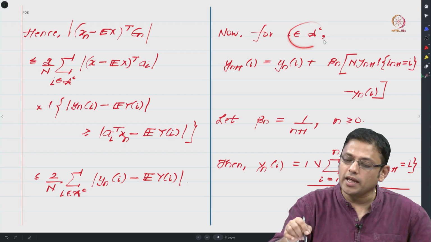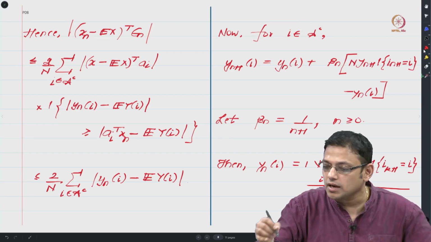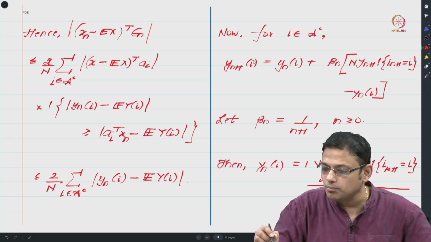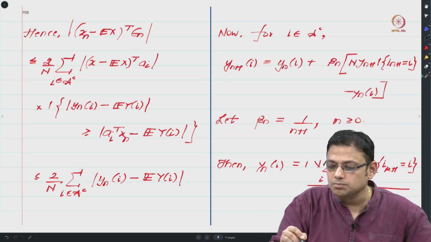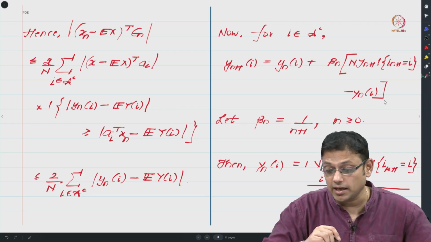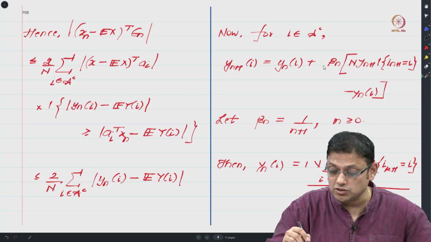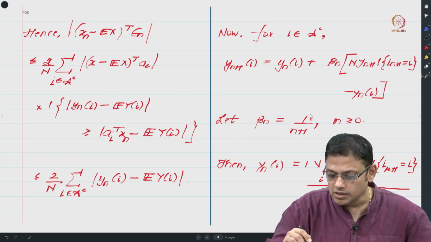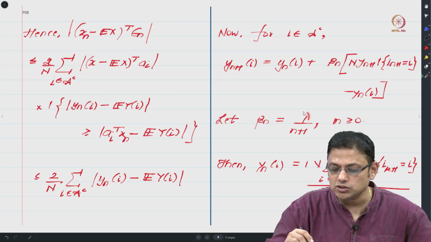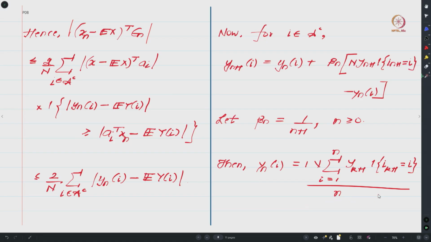And hence for any i in A complement, recall that y_{n+1}(i) has the following update rule: y_{n+1}(i) equals y_n(i) plus beta_n times some expression like this. Now I am choosing a step size. If I choose something like 1 over n plus 1, then one can see that your y_n(i) has an update rule of the following form.